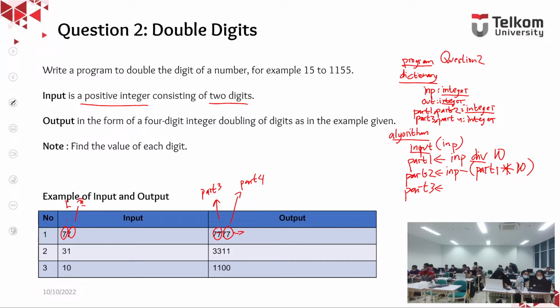Okay, the input always consists of 2 digits, and the output always consists of 4 digits.